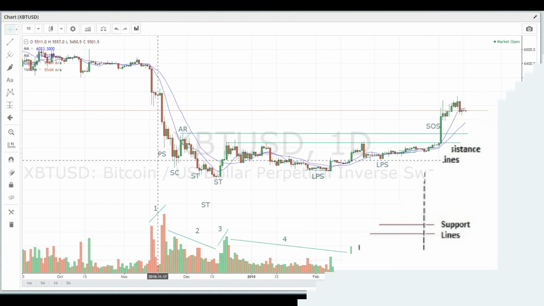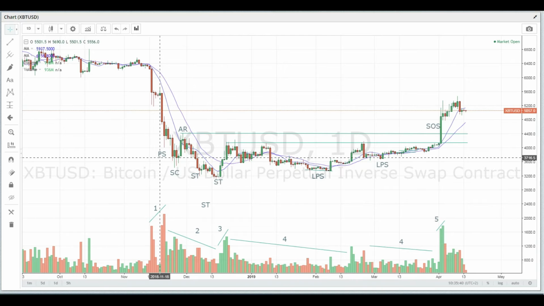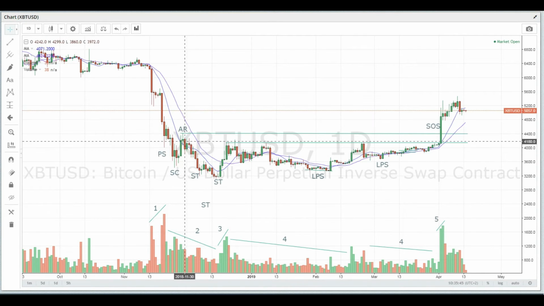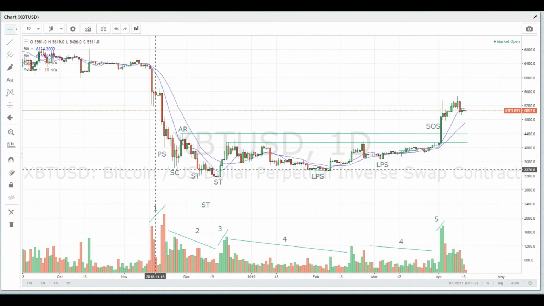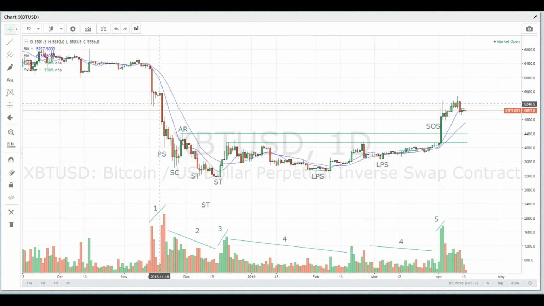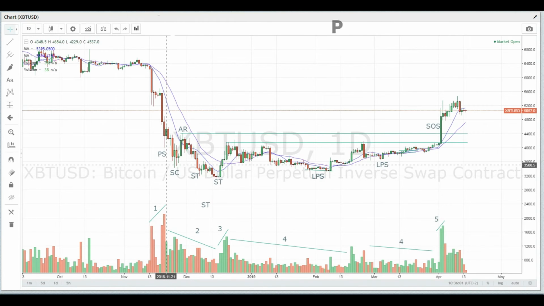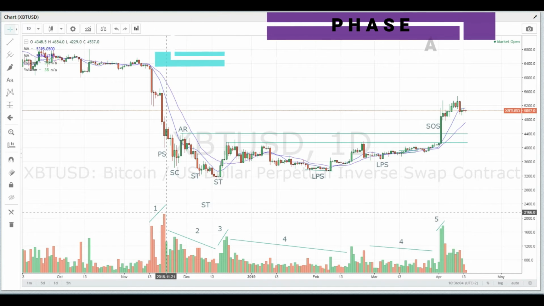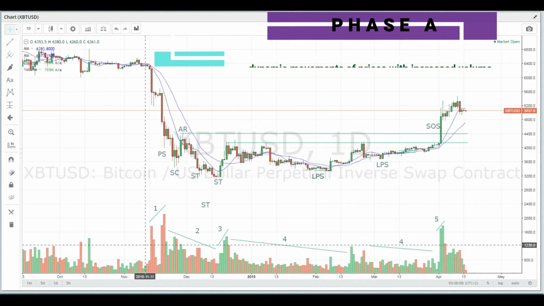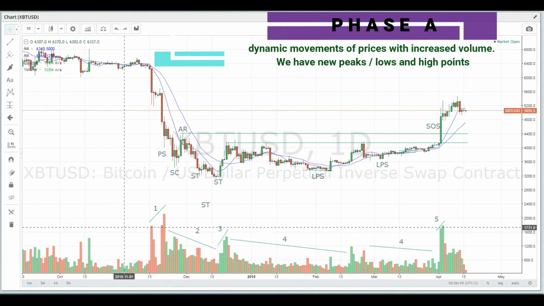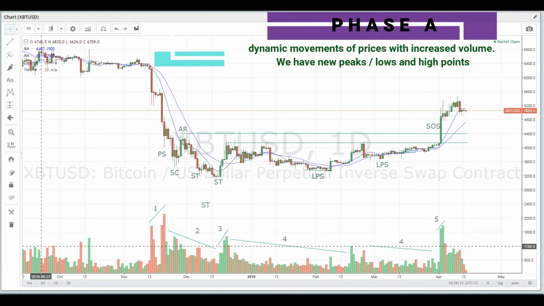Okay, as you can see, this chart is almost similar to the previous one which I showed you. Here we have preliminary support. After a huge acceleration of price drops, we have high volume. Look, compared to the previous ones, it is the highest volume from, let's say, even a couple of months.